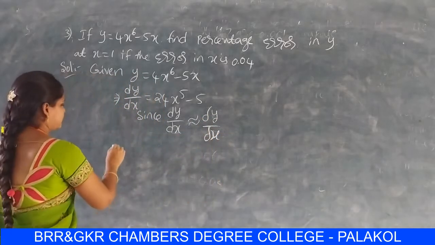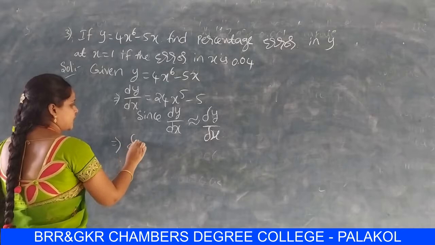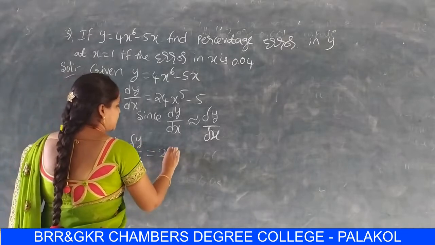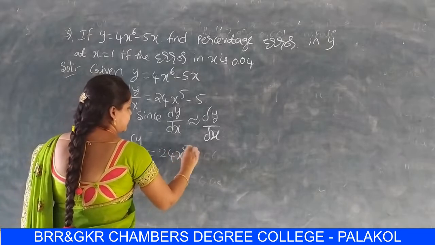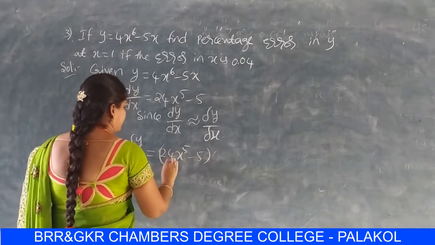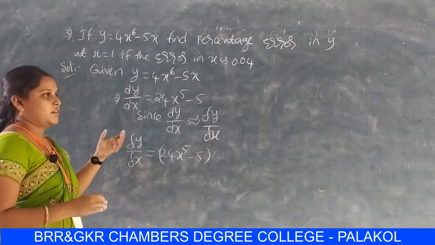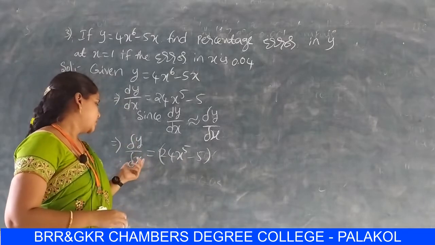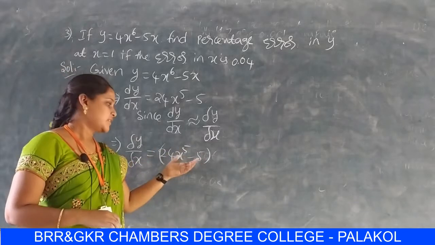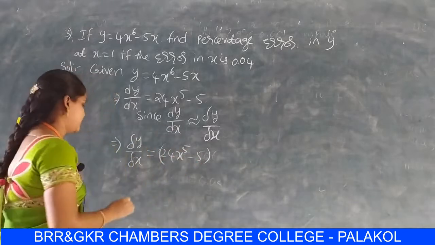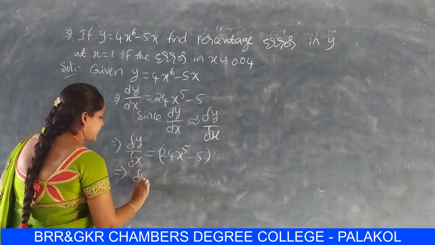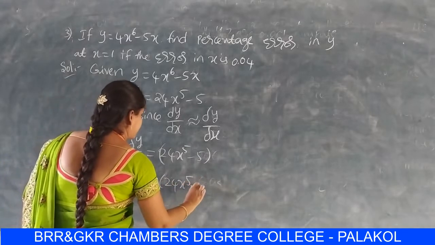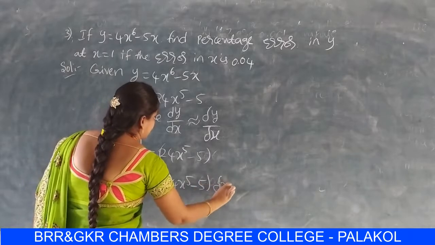Now delta y by delta x is equal to 24x to the power of 5 minus 5. Delta x on the right hand side is a multiple. Delta y is equal to 24x to the power of 5 minus 5 into delta x.